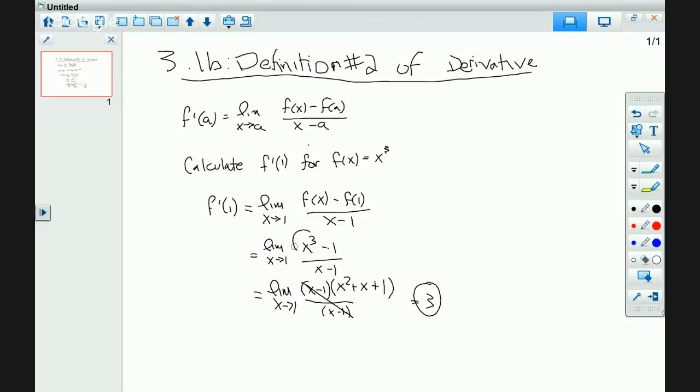X cubed, because it's right here, correct? And what is the value we're calculating at? 1, right? So know that you can pull the function out of it, and that's the value of x. That's what you need to know. Okay.